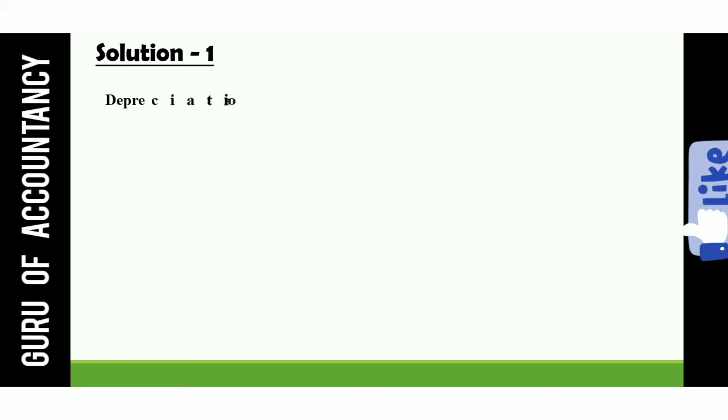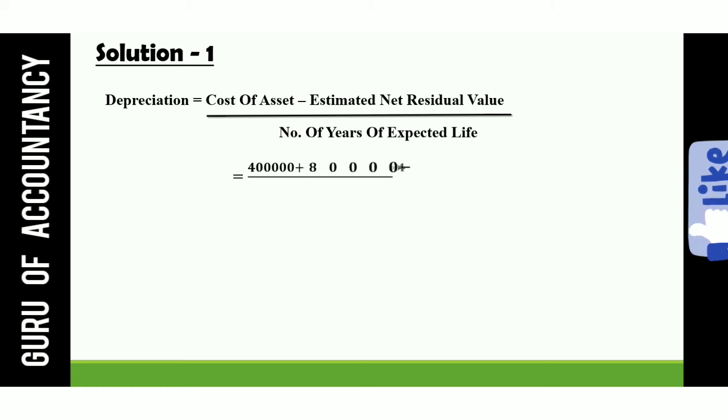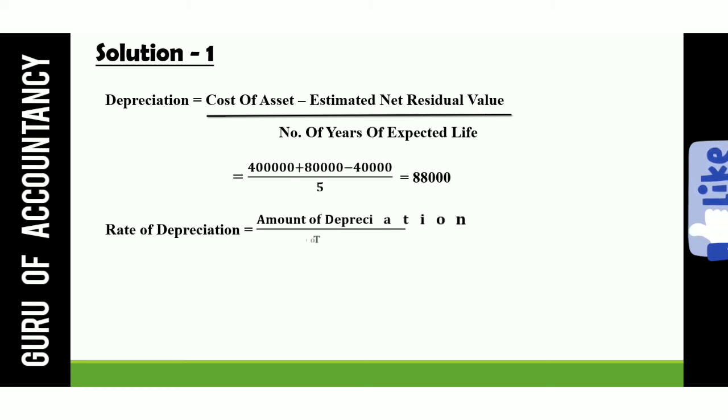So see the solution. Depreciation is equal to cost of assets minus estimated net residual value divided by number of years of expected life. So 4,80,000 minus 40,000 divided by 5 years. So you will get 88,000, the amount of depreciation, and it will remain the same every year up to 5 years.